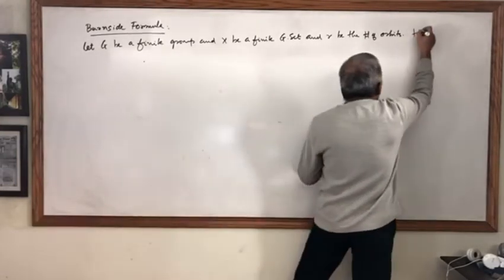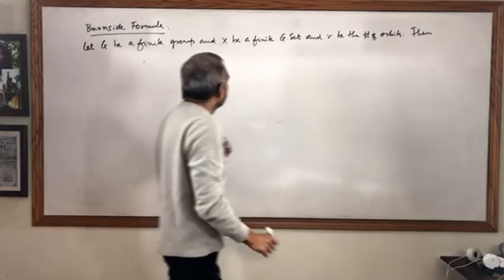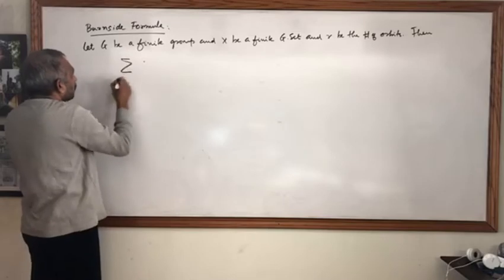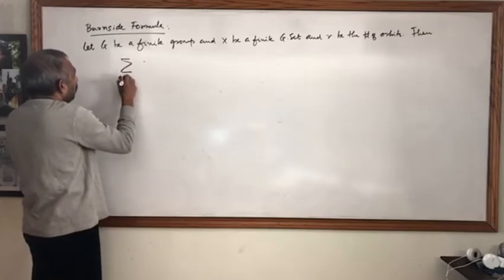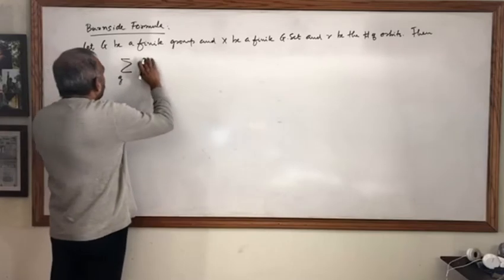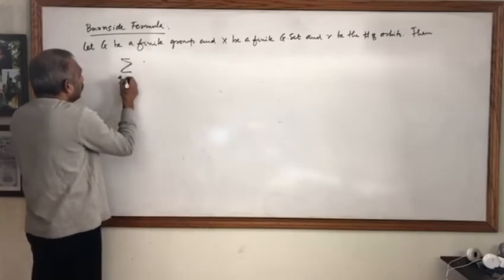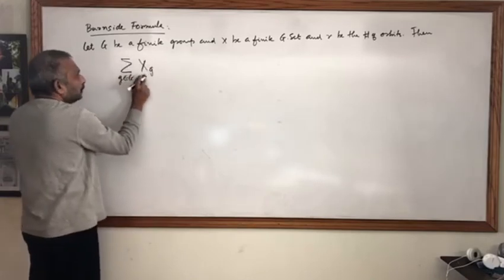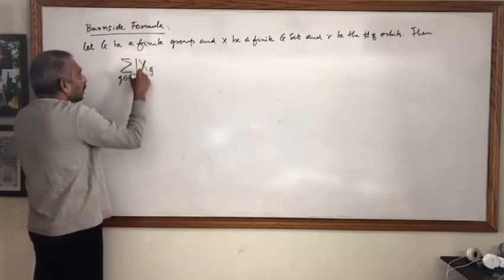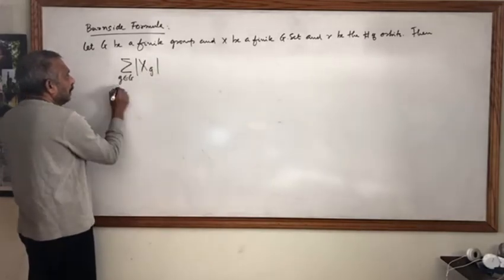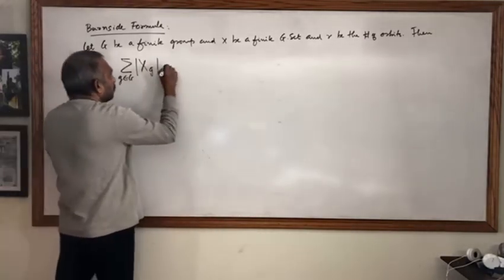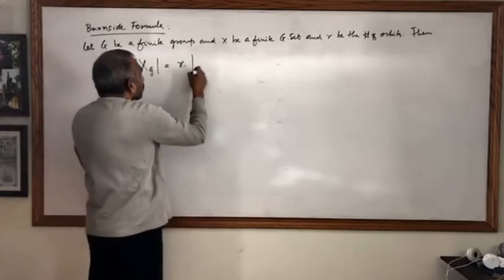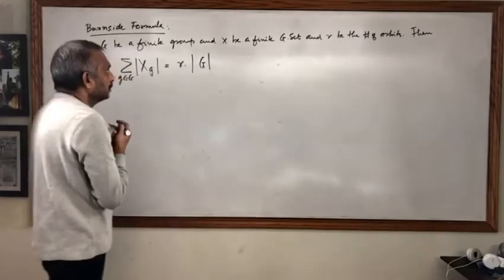Then the sum of the cardinalities of all the fixed sets. These are fixed sets, and you take the cardinality of that and you add it up. That must be equal to the number of orbits times the cardinality of G.